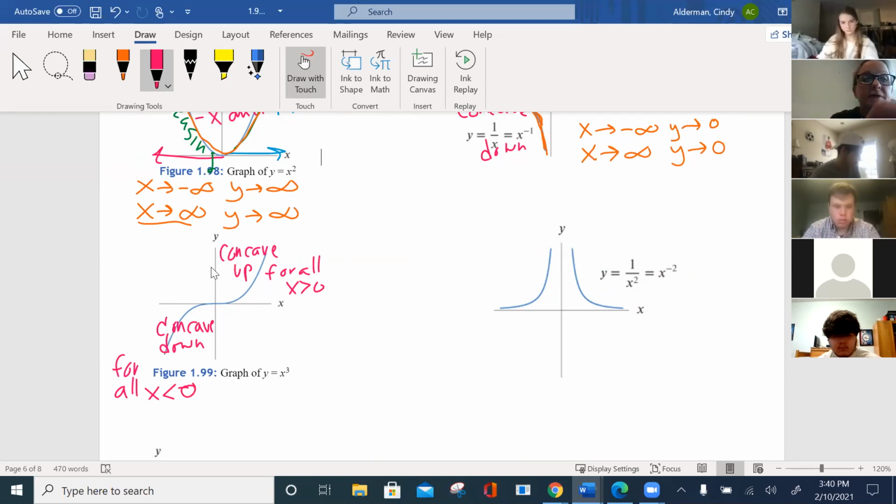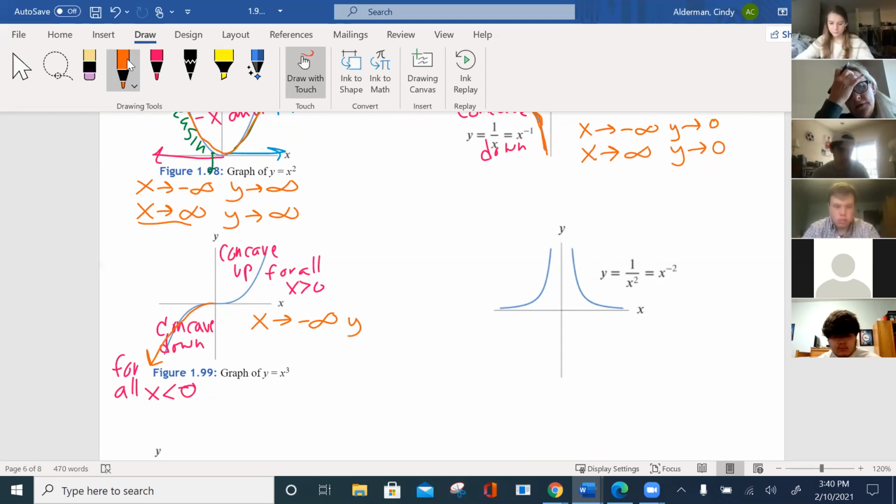All right, let's look at end behavior for this. So as x goes to negative infinity, this is the left side, right? As x is going there, does y get bigger or smaller? Smaller?